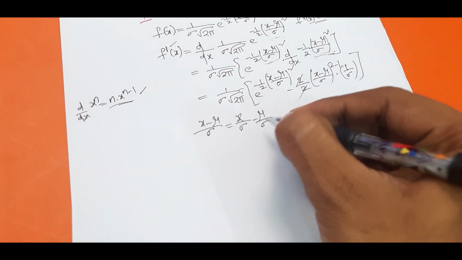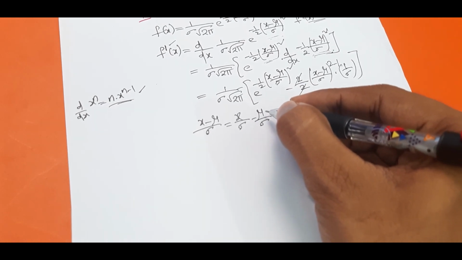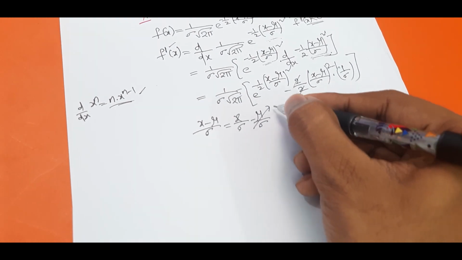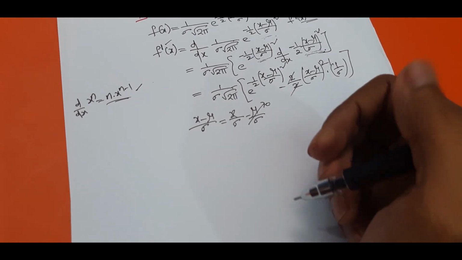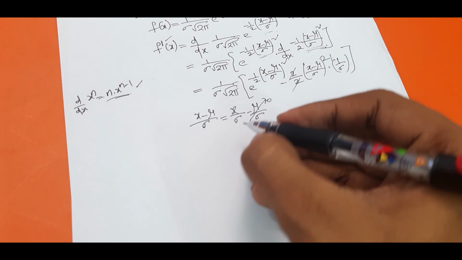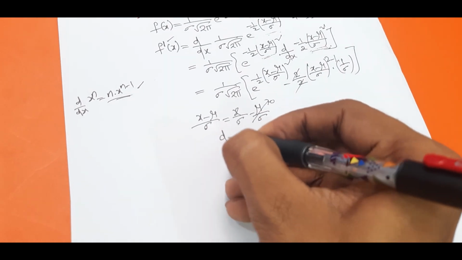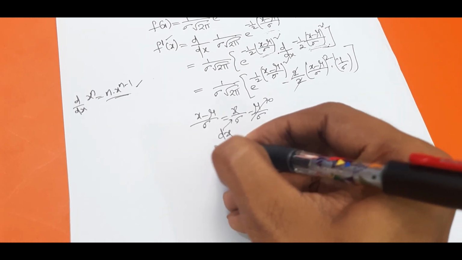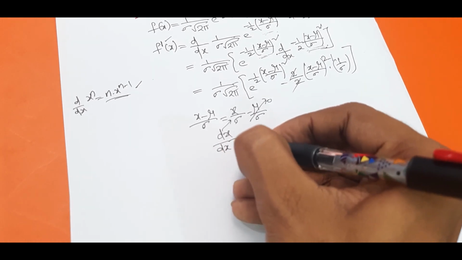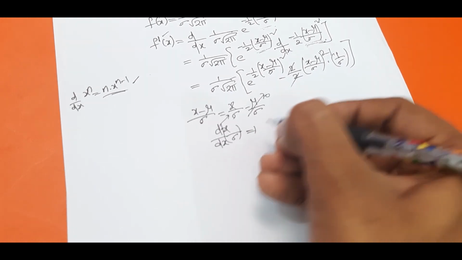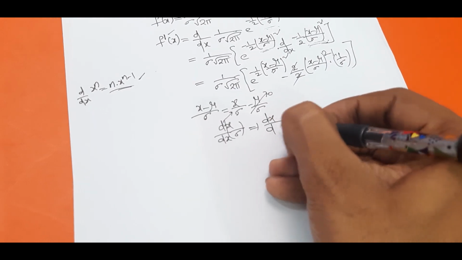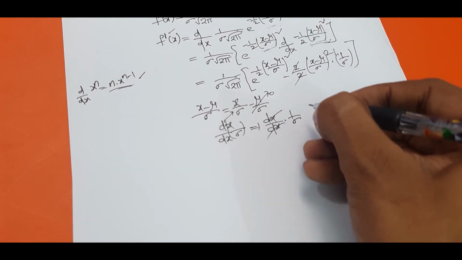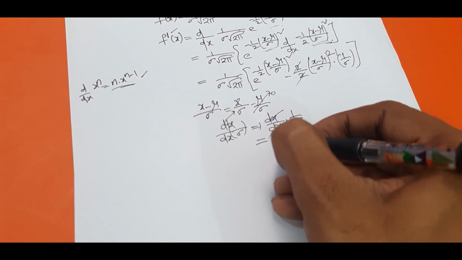Here mu by sigma is a constant, because we are differentiating with respect to x, so it becomes 0. And if you differentiate x divided by sigma, d by dx into x divided by sigma, that becomes dx divided by dx into 1 divided by sigma. The dx cancel each other, and this becomes 1 divided by sigma.